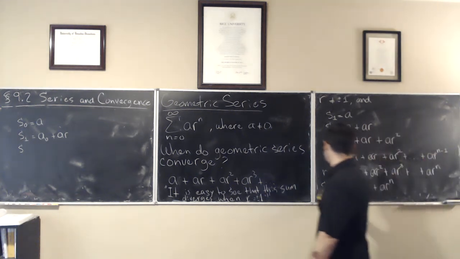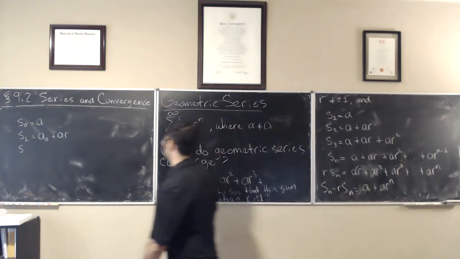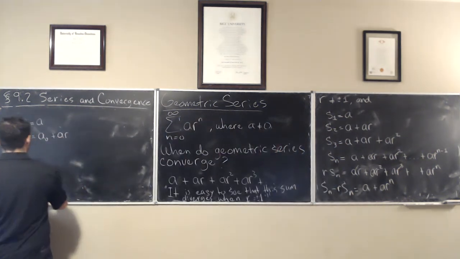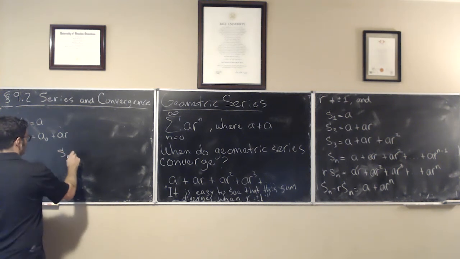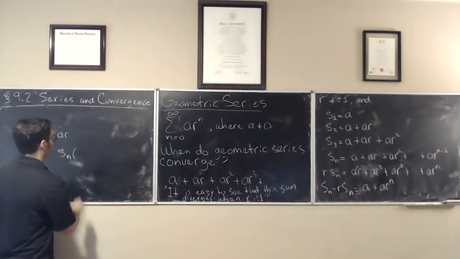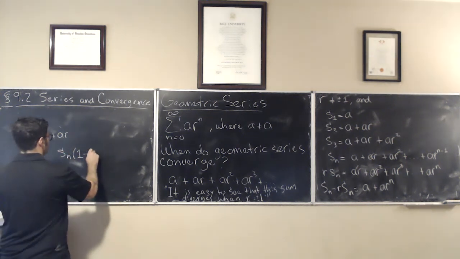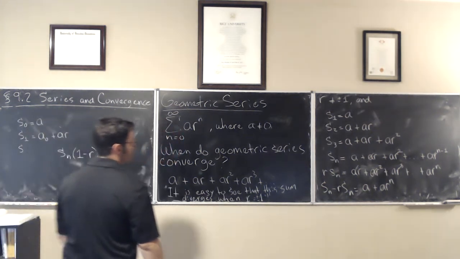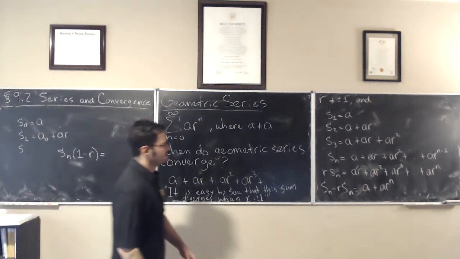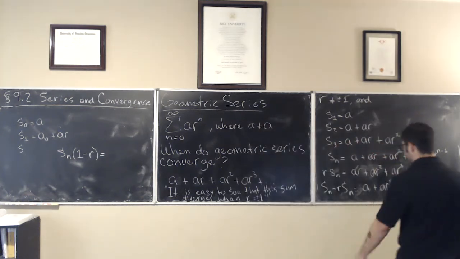Now, if we factor out that Sn to the left side, we get that Sn times, what is it, 1 minus r is equal to A minus A times r to the power n.